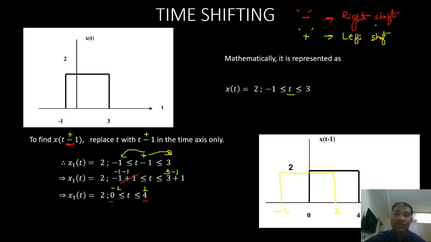Right shift means the original signal is delayed. The original signal, which starts at minus 1, is now delayed and it is starting at 0. So right shift indicates delay of the original signal. Left shift indicates advancement of the original signal.